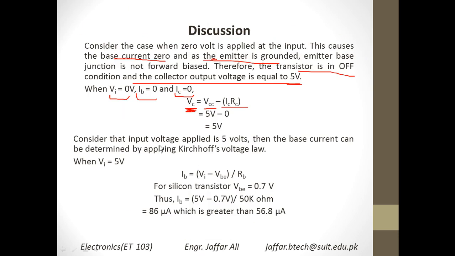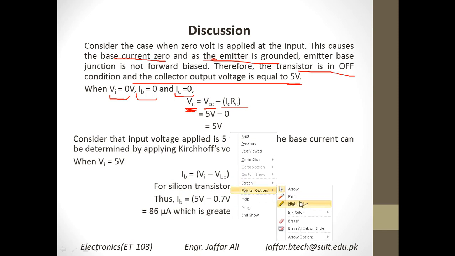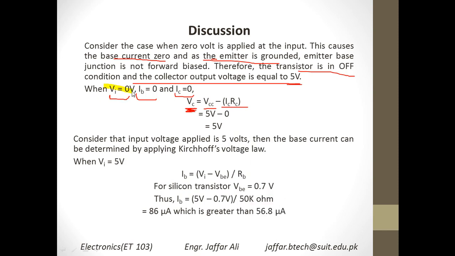So the voltage turns out to be 5 volts, because when this thing is equal to 0, this becomes also 0, and this becomes also 0. So when this term becomes 0, the VC, or the output voltage, turns out to be 5 volts.